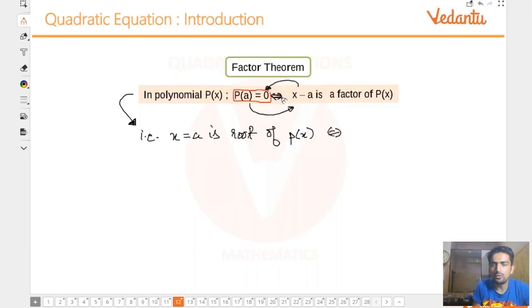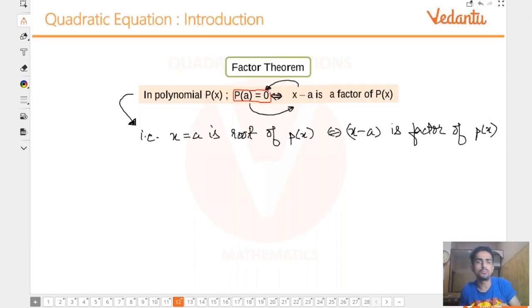Now, if and only if x minus a is a factor. Now this seems a bit easy to comprehend. x equal to a is a root if and only if x minus a is a factor. That is pretty much obvious.